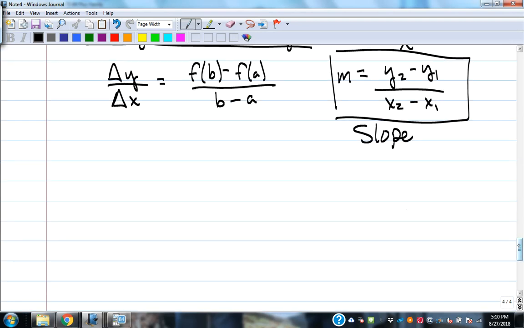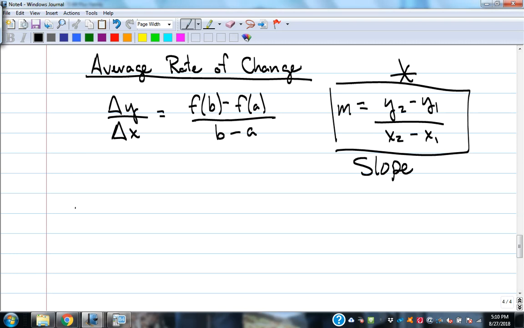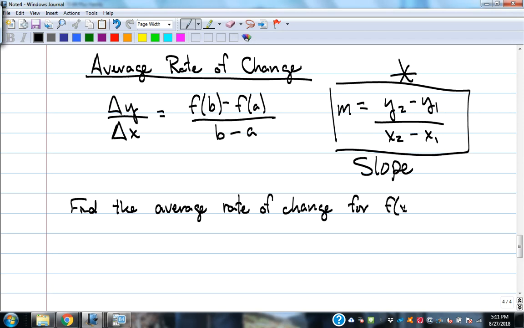Here's what we do. They're going to get us to find the average rate of change for f of x over [1, 3]. And remember, that [1, 3] is an interval.